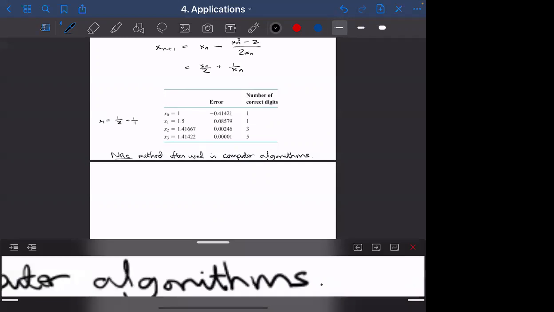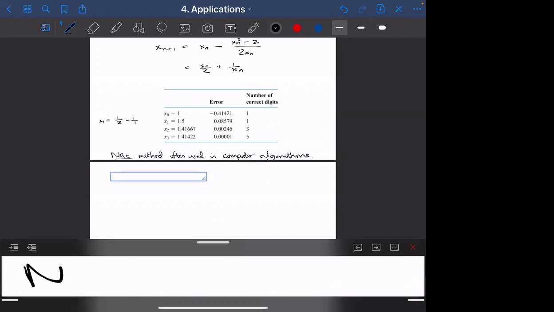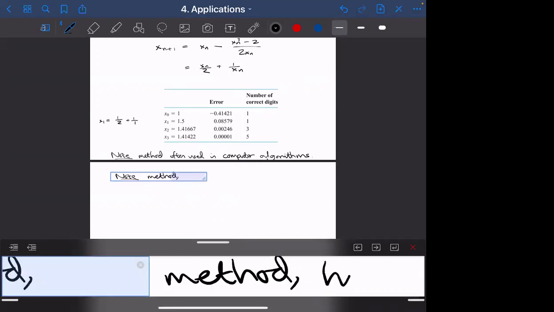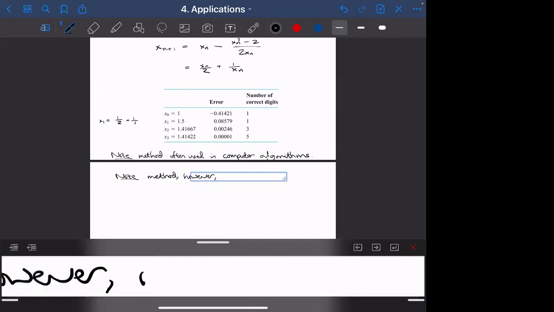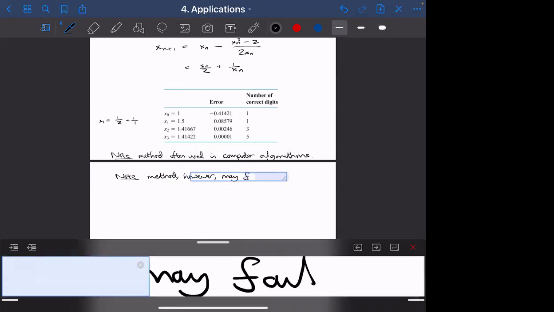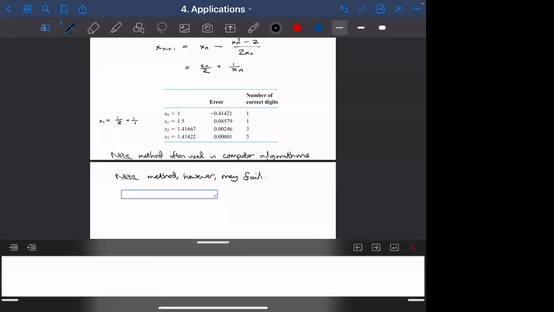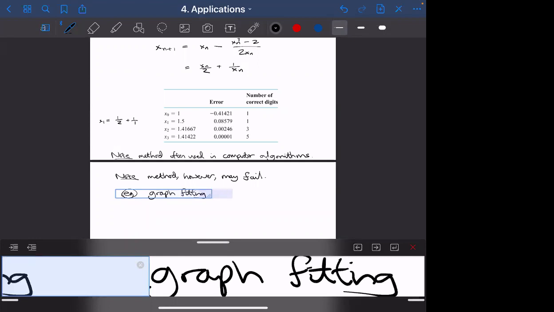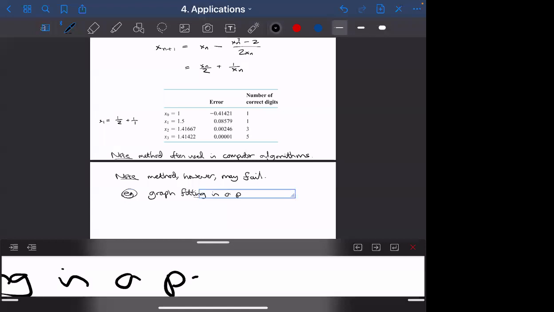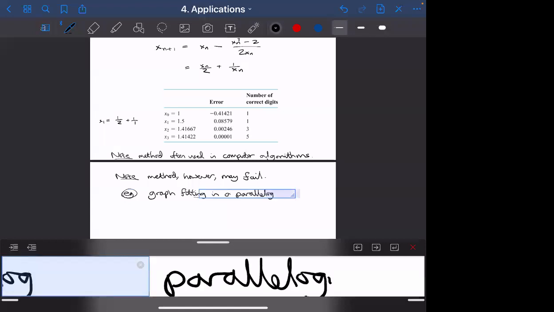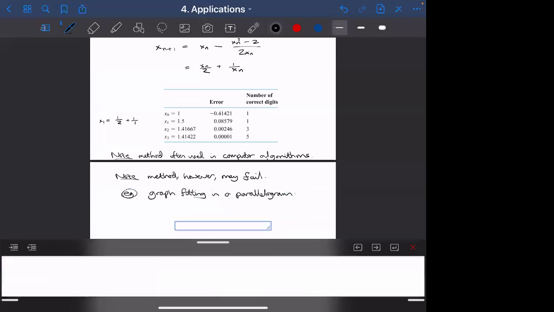Okay, but note also the method may fail. So it's easy to make an example of that. Take a graph fitting in a parallelogram as follows.